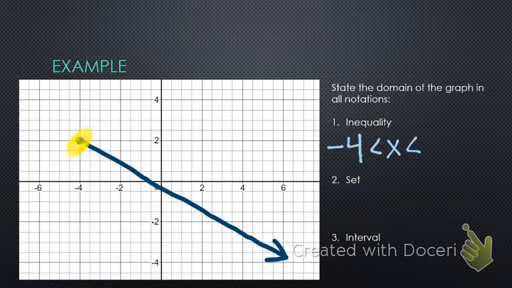My largest x value is an arrow, which an arrow means that we go on forever. If we go on forever, that means we're never going to stop.